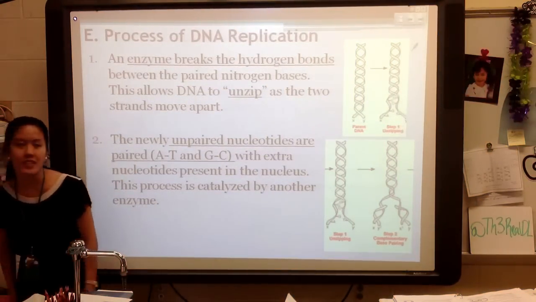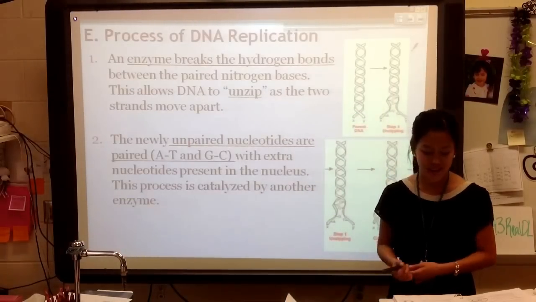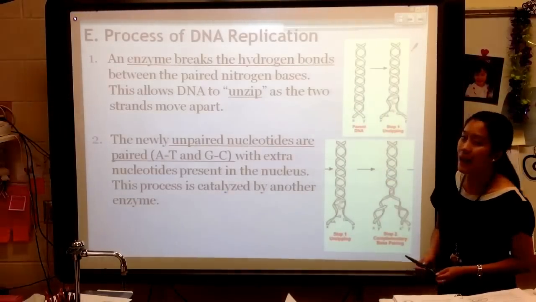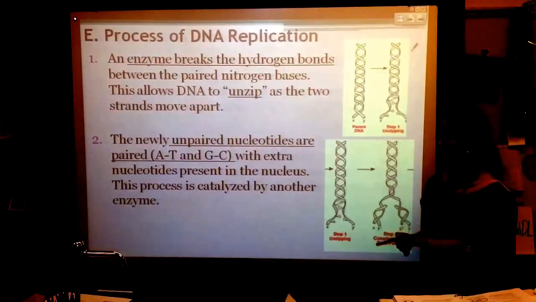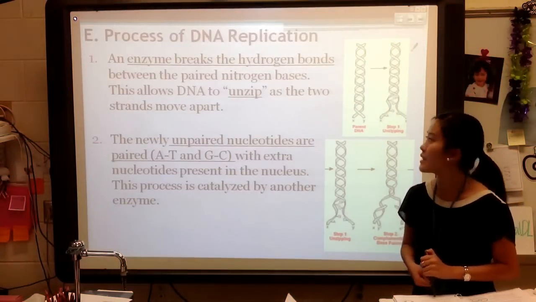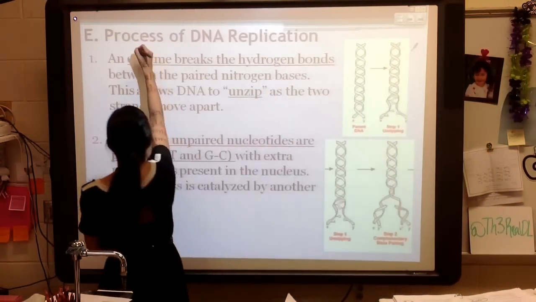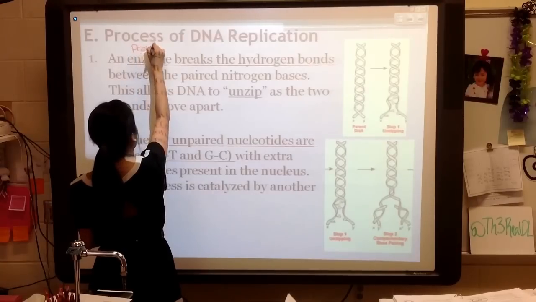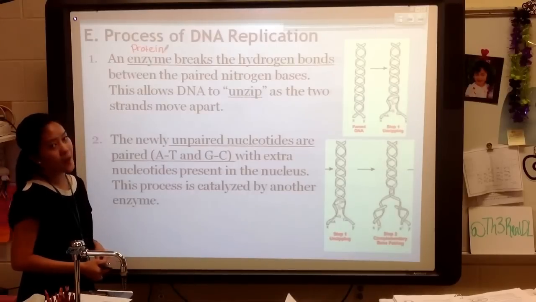When DNA is replicated in the cell cycle, we have several steps that occur, and it's actually 4 main steps. The first step to DNA replication is that you have an enzyme, which is actually a type of protein. You want to keep that in mind, a little review as we go. It breaks those hydrogen bonds.